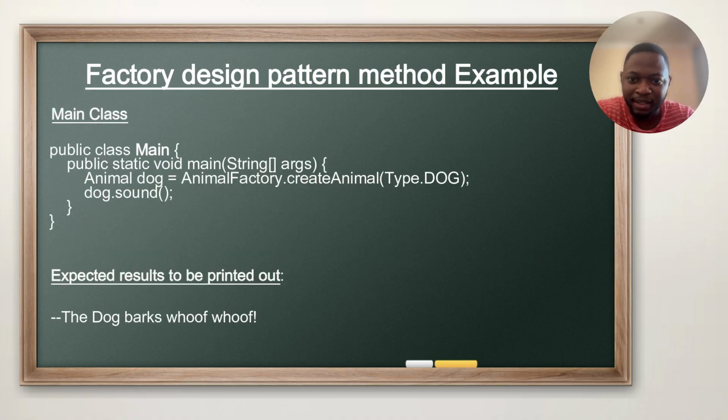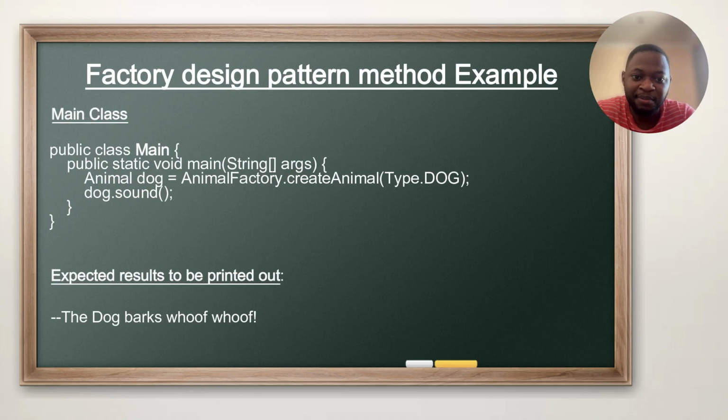And then here we have our main class. We have our animal product class, dog, and I named it dog instead of animal because my intent was to create a dog and call the animal factory class dot create animal method.